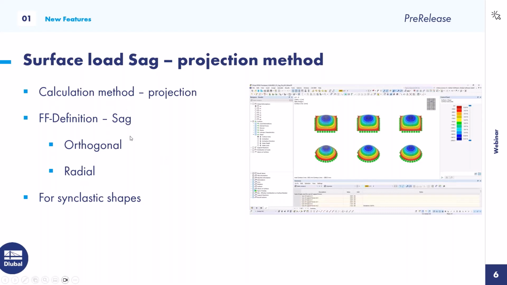And then the iterative method will find the corresponding equivalent pre-stress loads for the surface. It offers orthogonal or radial distribution. And because projection is usually, as you have seen in my latest example, meant for a tent structure, this is now meant for simplistic shapes.